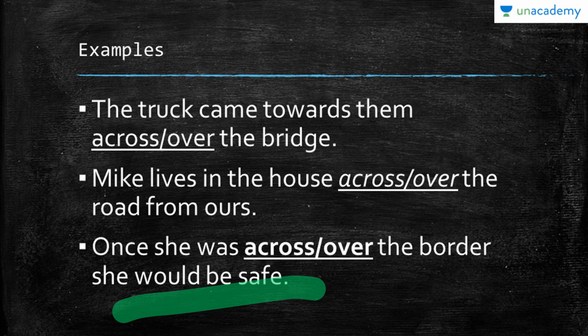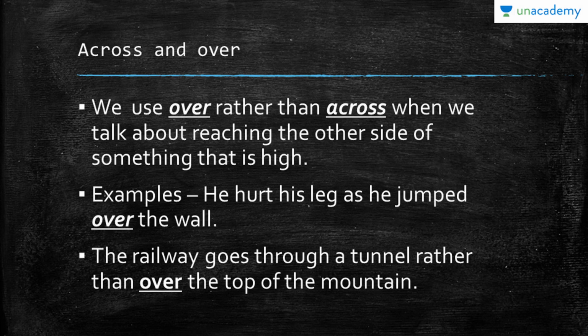So you'll see how the kind of boundary that is there between the two sides changes the use of these words. So we have to examine clearly what kind of boundary is between these two sides about which we are talking.